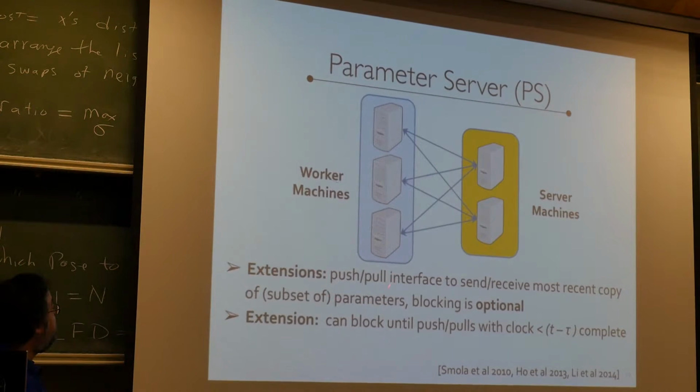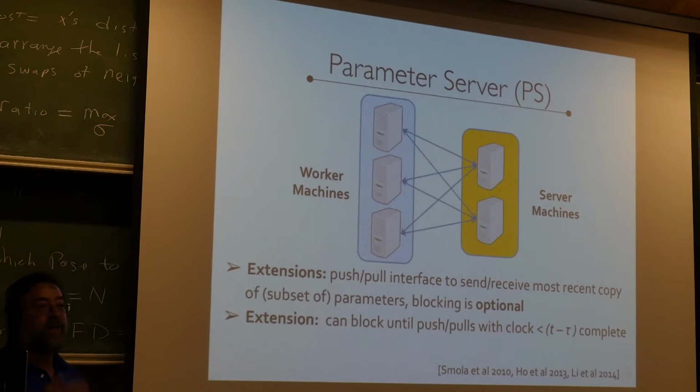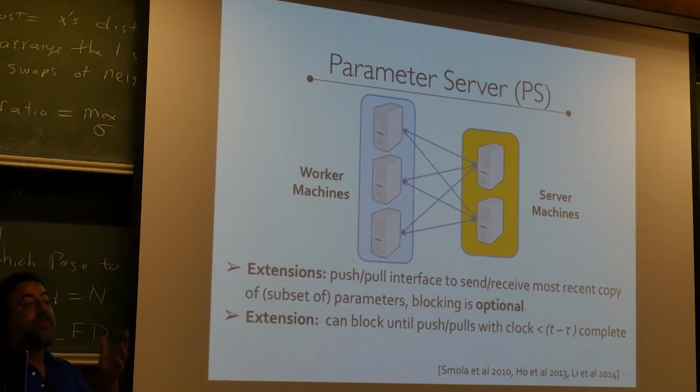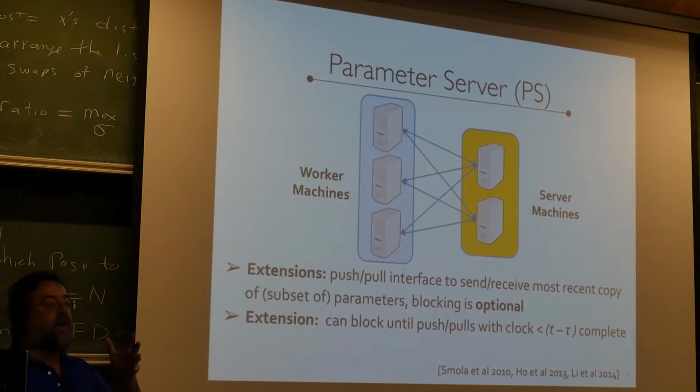So a common extension is, in addition to a key value method for retrieving the current value of a parameter or updating it, you might have a push-pull interface where you give it some subset of the parameters and say, okay, I'm going to need all the parameters that correspond to weights of features in this collection of documents I just pulled down. I need to get all the values of all these parameters, and I'd like the most recent one now.